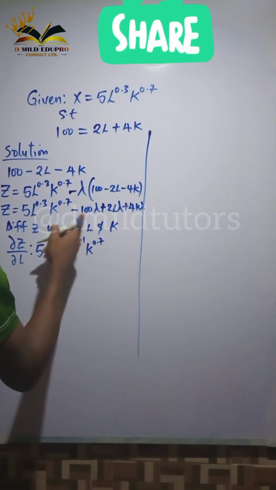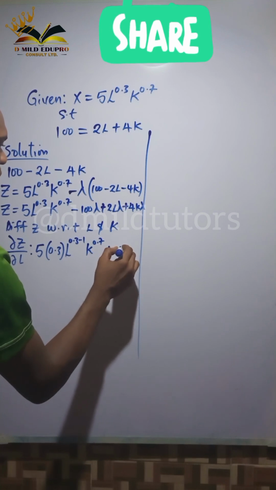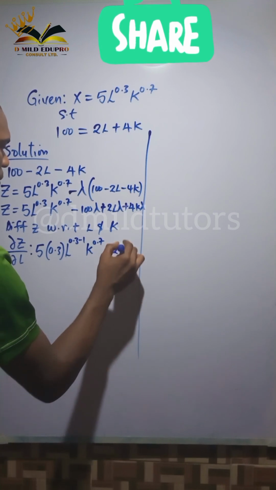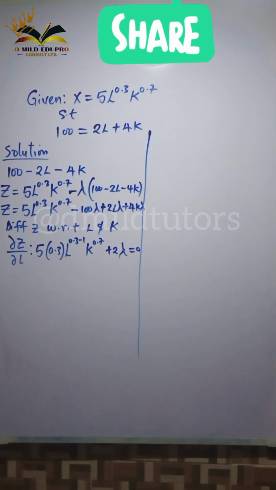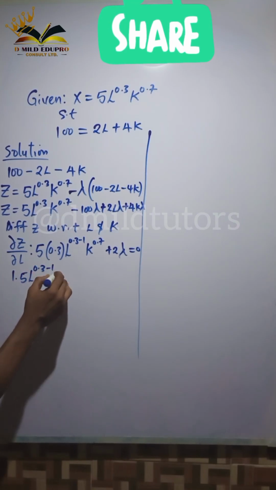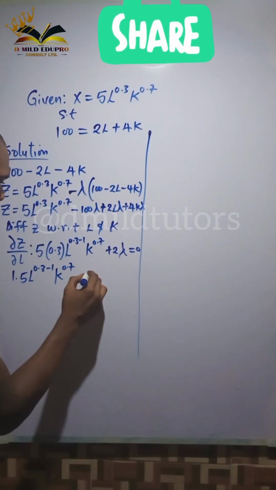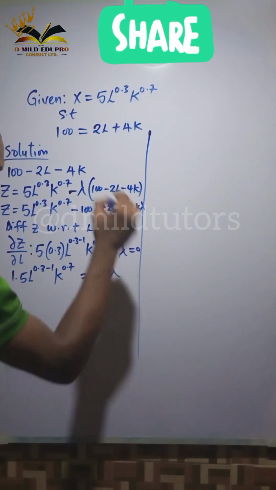This is 0. This is 2L. So we have plus 2 lambda equals 0. All right. Now this, if you multiply this, you are going to have 1.5 L raised to the power 0.3 minus 1, K raised to the power 0.7. This becomes equal to minus 2 lambda.